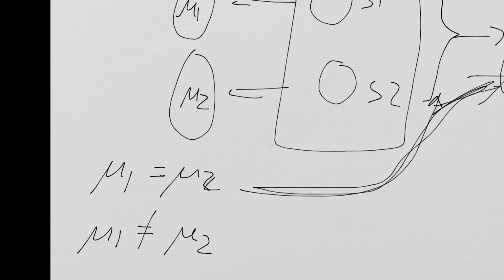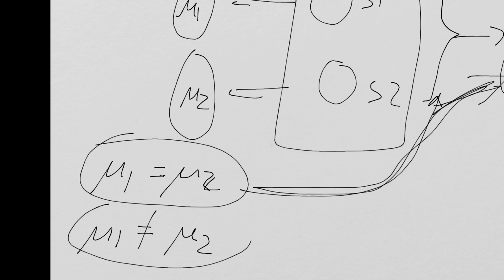So, in a nutshell, if the two samples predict the same population, we would have this case. If the two samples predict two different populations, we would have this case.